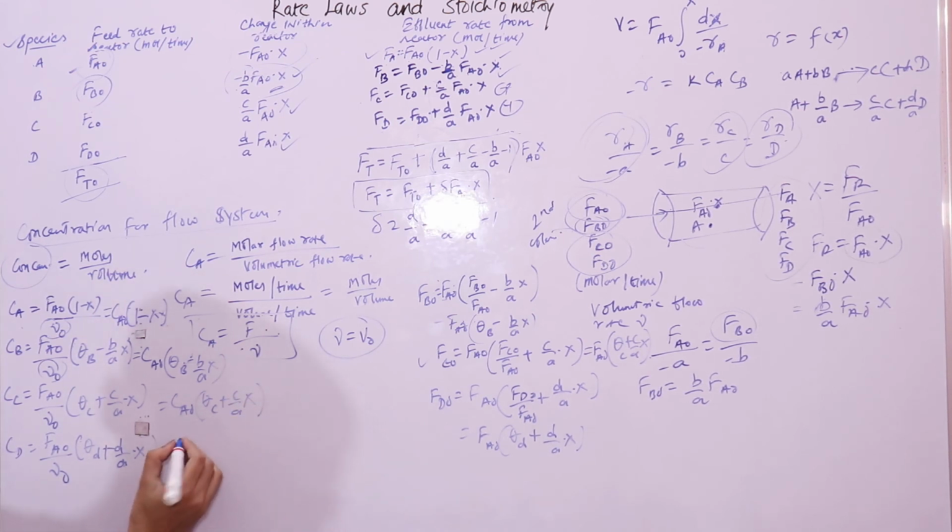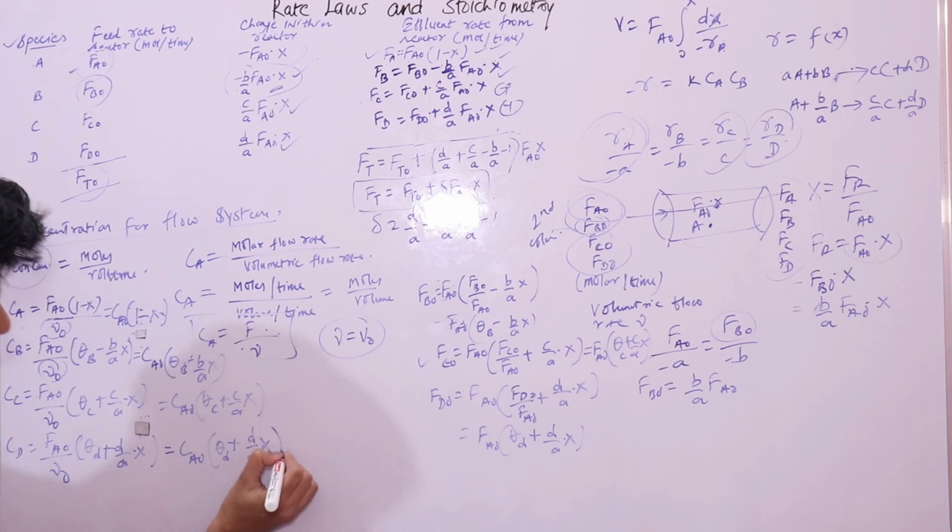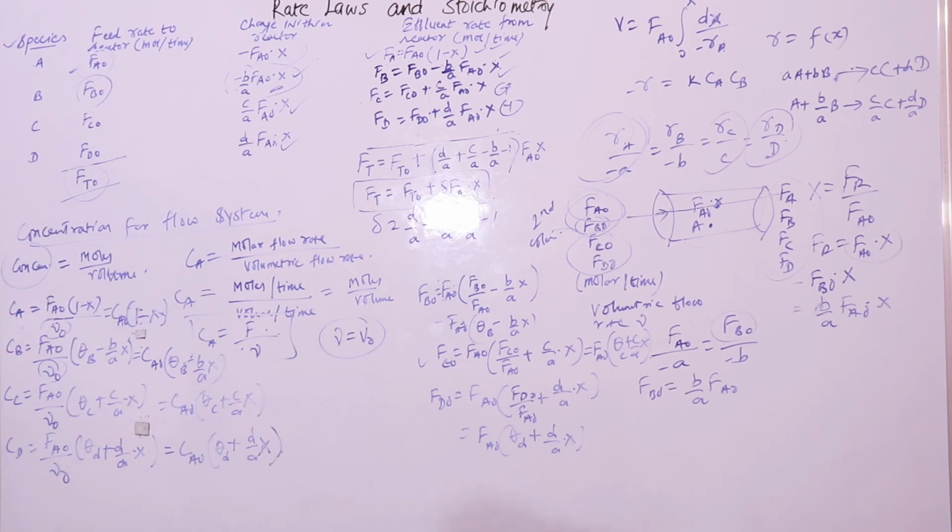Similarly this one, Ca0 (theta d plus d upon ax), right. Now we have simplified it till this point.